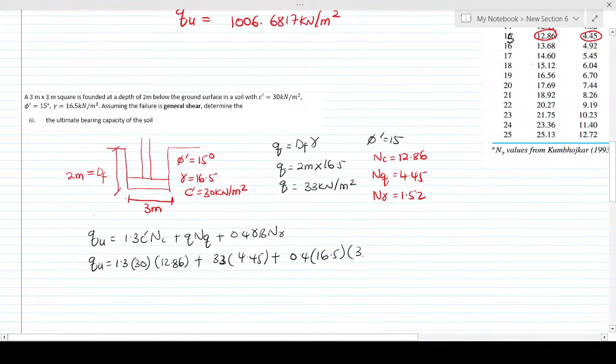The width is 3, and the N gamma is 1.5. So you just put it inside and our ultimate QU is equal to 7678.486 kilonewtons. Yes, as simple as that, right?